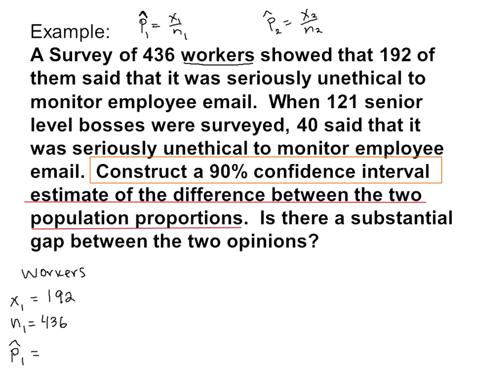We can get a p hat if we know x and n. So here x is 192 and n is 436. So our p hat, which is a percentage coming from our sample, can be obtained by taking x and dividing it by n. Now I would rather you use the fraction because the fraction is the exact p hat.